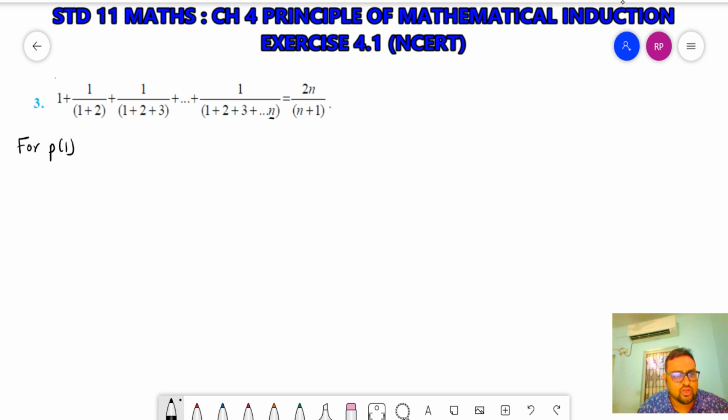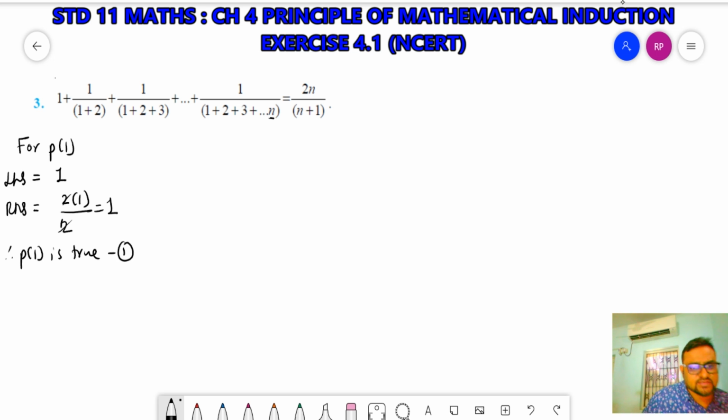So I need to take denominator till 1. 1 upon 1, that is LHS equal to 1. RHS, 2 into n means 2 into 1 upon 1 plus 1. I can write directly 2, so to get cancelled, that is equal to 1. Therefore, P of 1 is true. Let's name this as 1.